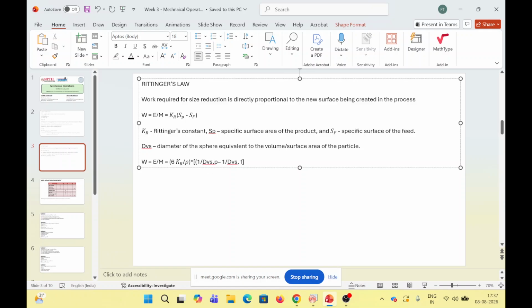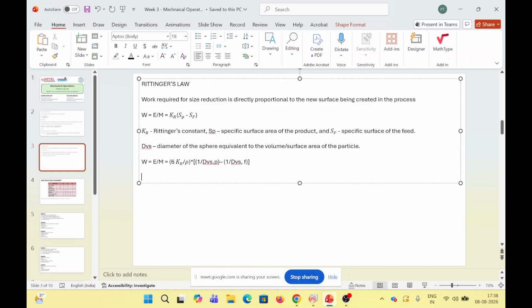So this is how you write the equation. Kr is the Rittinger's constant, rho is the density of the material that you are going to crush, dVs of P is the Sauter diameter of the product, and dVs of F is the Sauter diameter of the feed.